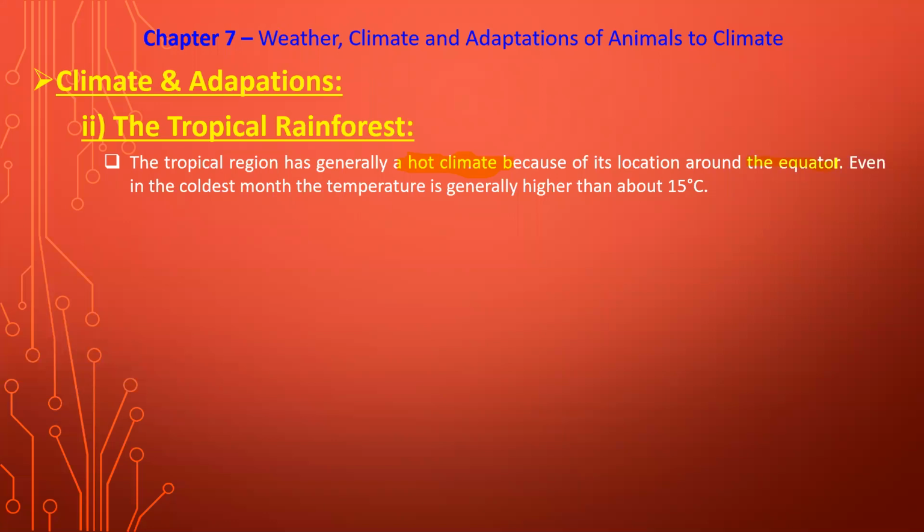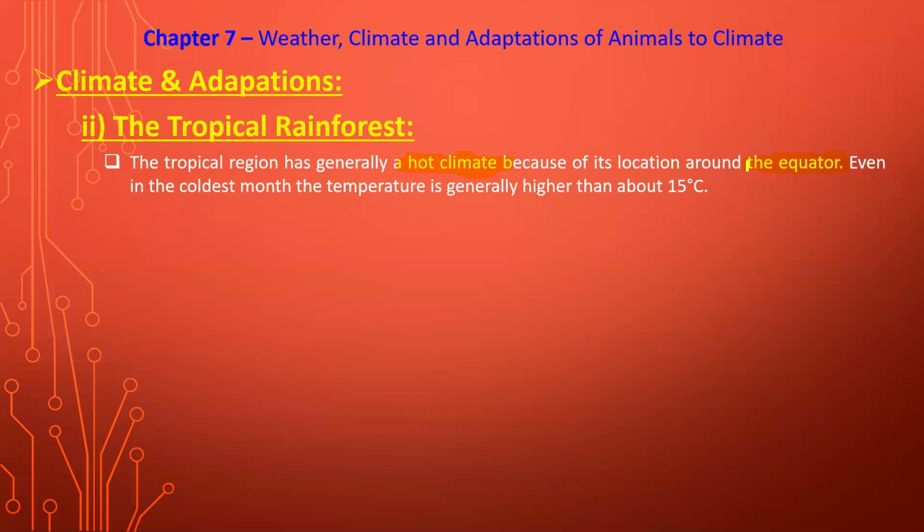The equator means the central line of Earth, and that central line is facing the sun, so sunlight comes directly on that surface. The regions near the equator receive sunlight in a higher proportion, and therefore the climate is very hot. That means the temperature of that region is increased.